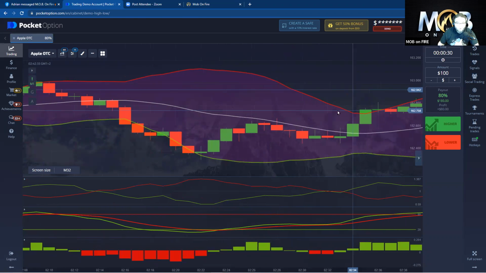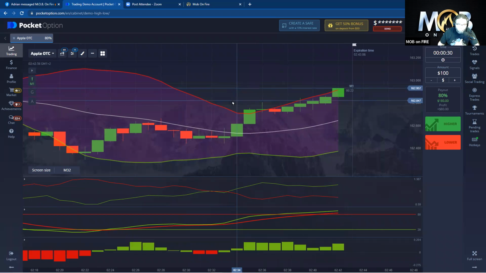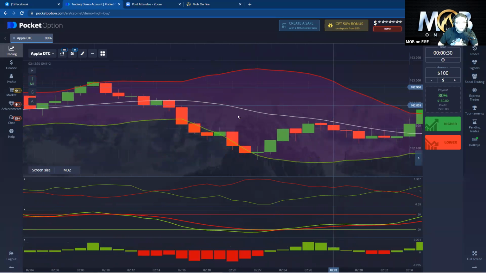What we're looking at is where pricing has been. If you take a look over here, here's where the previous high was. See how big the distance between the two bands is here.